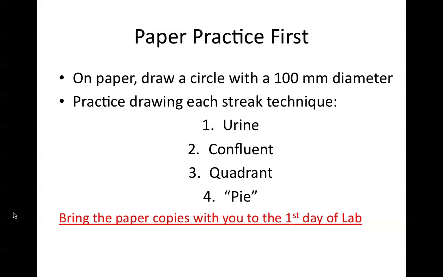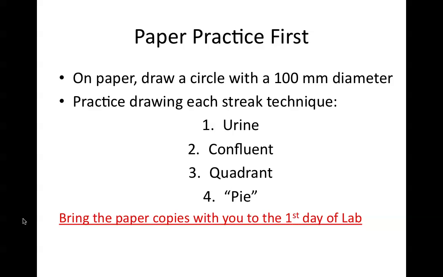Paper practice first, I've found, has been very helpful for students and saves materials, so we can be very cost-effective. On a piece of paper, draw a circle that's roughly 100 millimeters in diameter. This is the size of the petri dishes that we will use this semester.